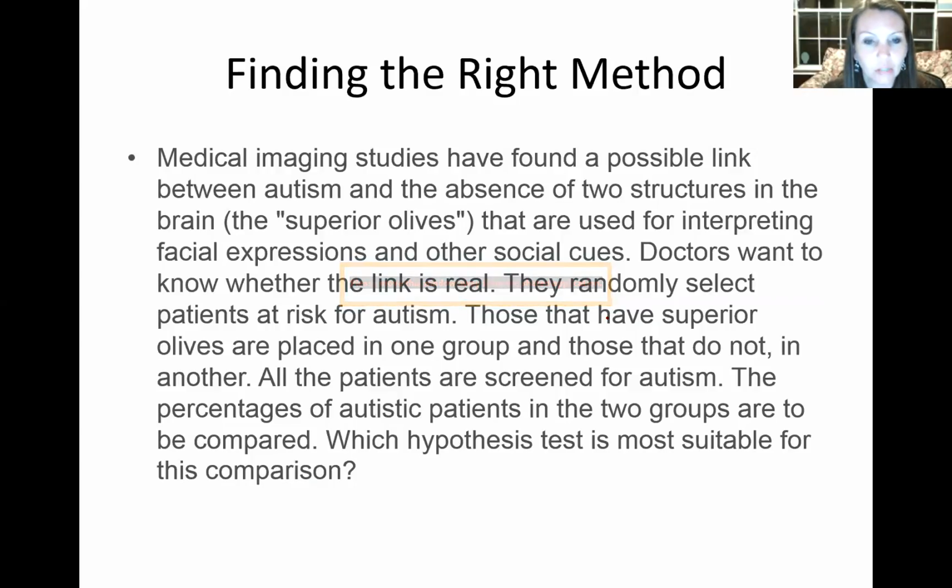This one I think can be a little bit tricky because when you start asking, okay, who are the individuals and what did we measure on the individuals? Well, in this case, it's almost like we measured two things, right? We measured whether or not they had superior olives, and we also measured whether or not they had autism.